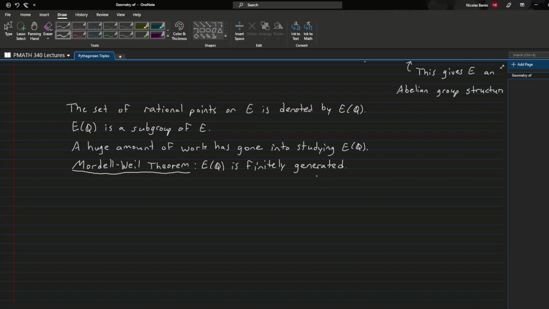If you've taken an introductory course on group theory or abstract algebra, then you know that such a group looks like a bunch of copies of the integers with some other finite groups added on.